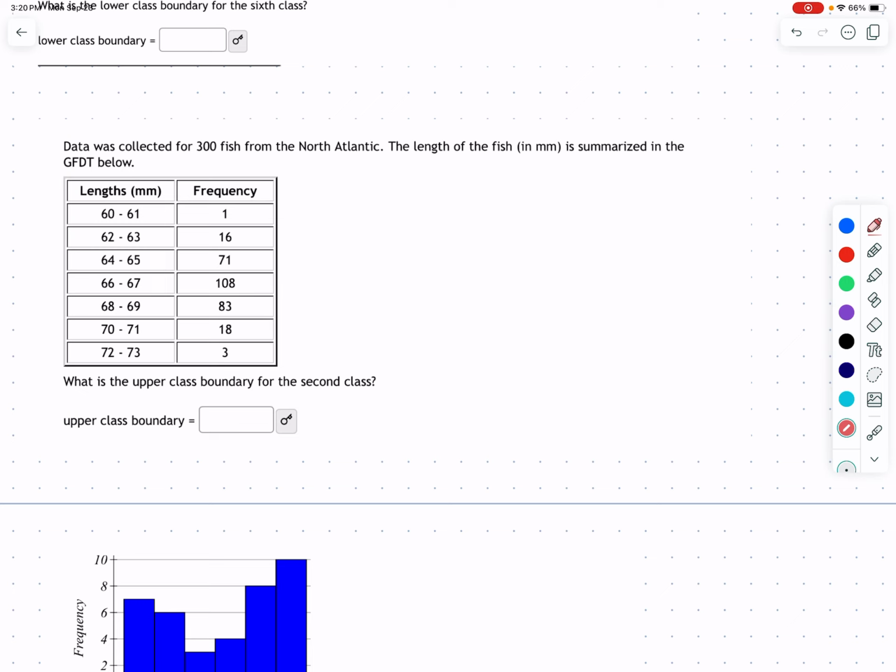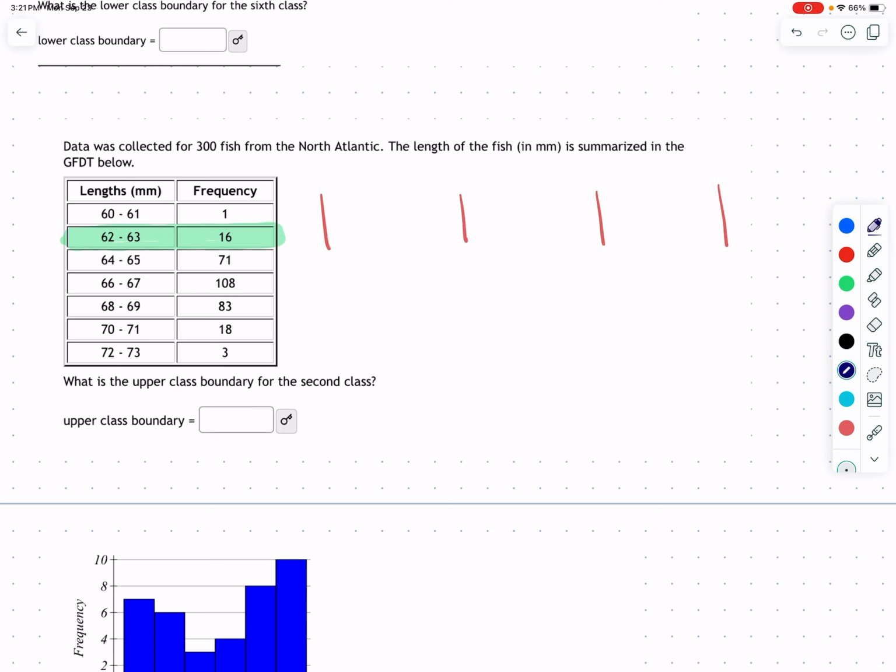The last version of 7 says the upper boundary for the second class. Here's my second class. So I'm going to write it out like I did last time. My brain works better that way. Let's set up my classes.